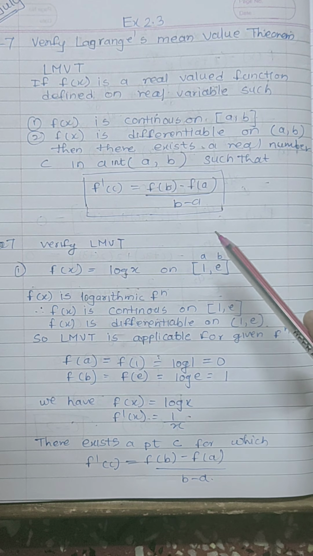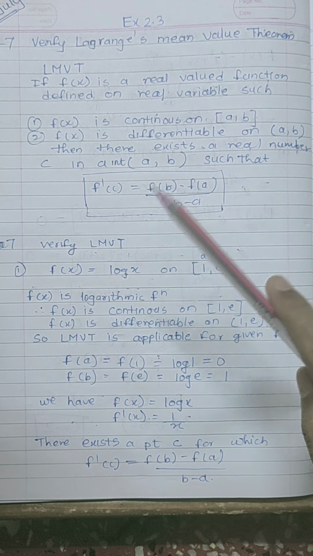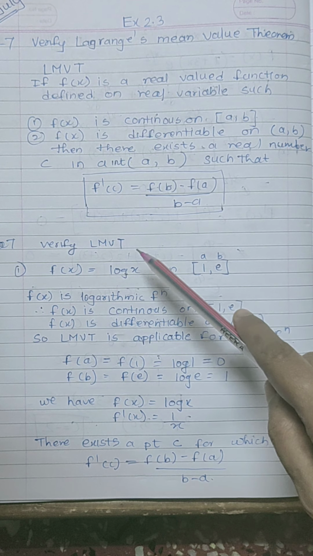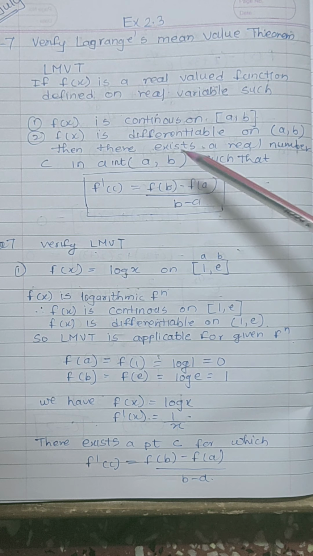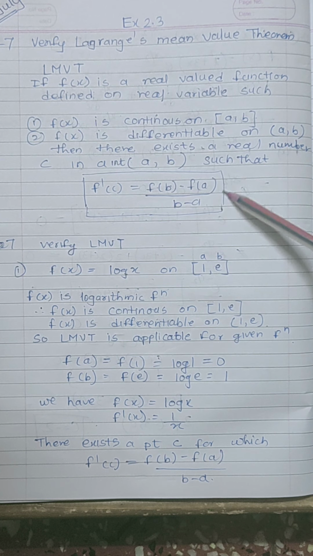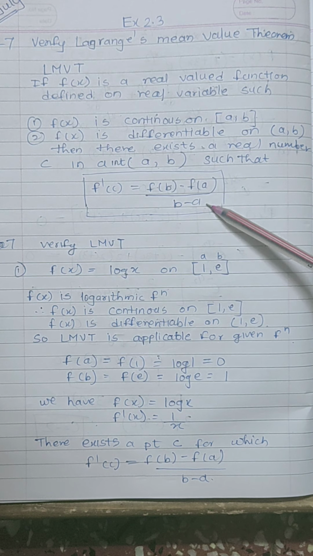Now see here, in Rolle's theorem, what was the third condition? f of a is equal to f of b. Here that condition is not there. First two conditions are same, and there in Rolle's theorem f dash of c was 0, and here f dash of c is f of b minus f of a upon b minus a.